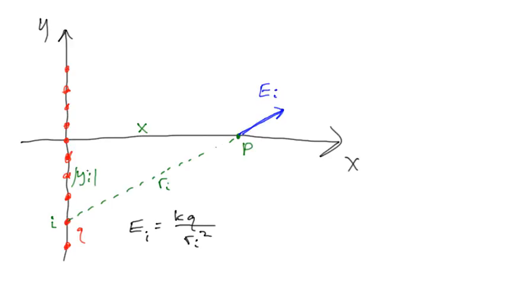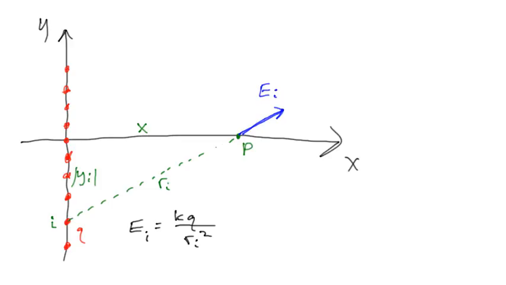It's actually the absolute value of y. So for the charged particle that I've chosen to work on, the one I labeled I, the distance is a positive value, but the y coordinate of that particle is negative.